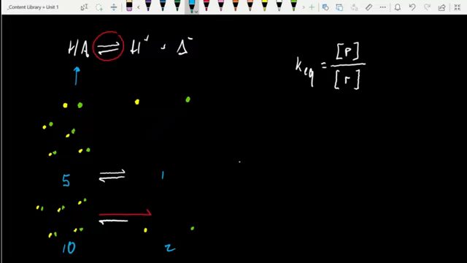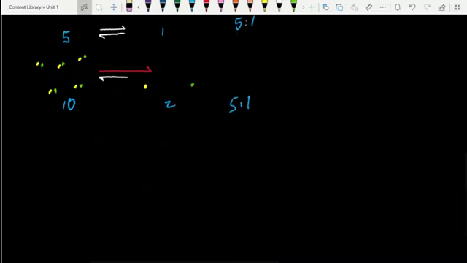Importantly, the ratio is the same, right? This is still a 5-to-1 ratio. Equilibrium is maintained.